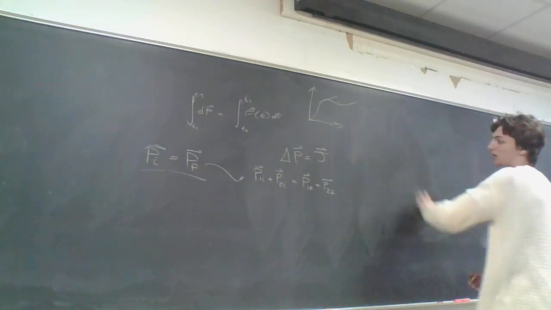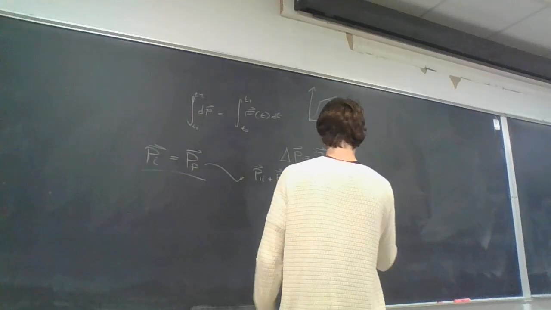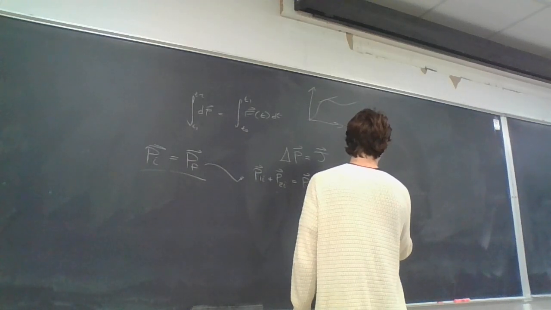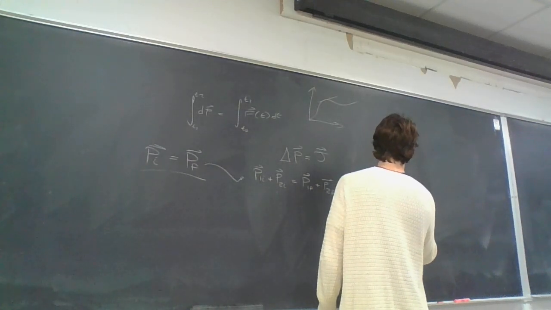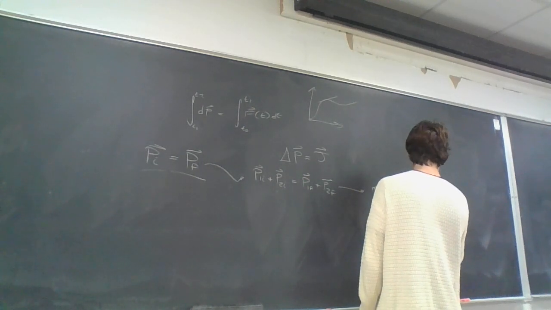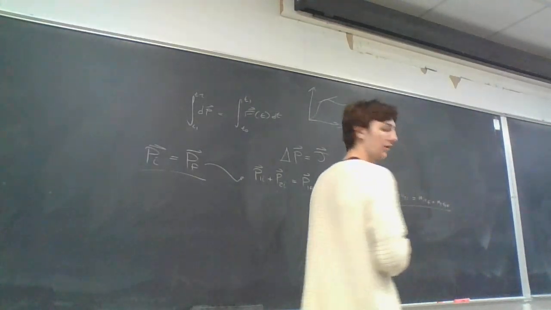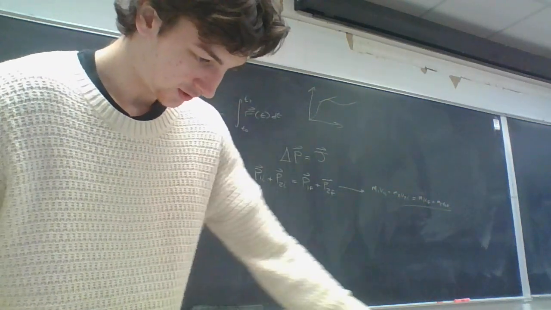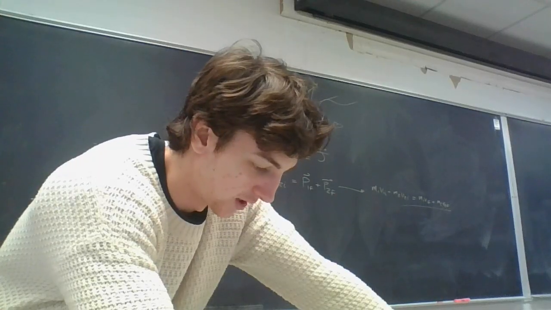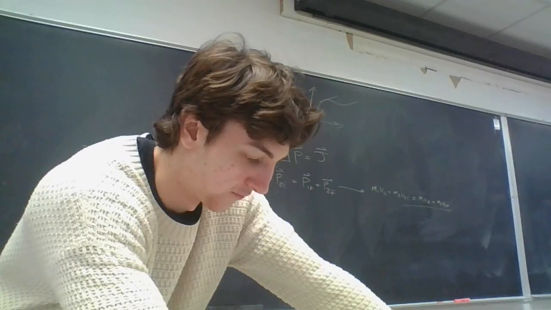So we've got M1 V1 initial plus M2 V2 initial equals M1 V1 final plus M2 V2 final. So there's our equation. And so, like the book says, if we know certain values like the mass, maybe the initial velocities and the final velocity of one, then we can solve for the velocity of the other.